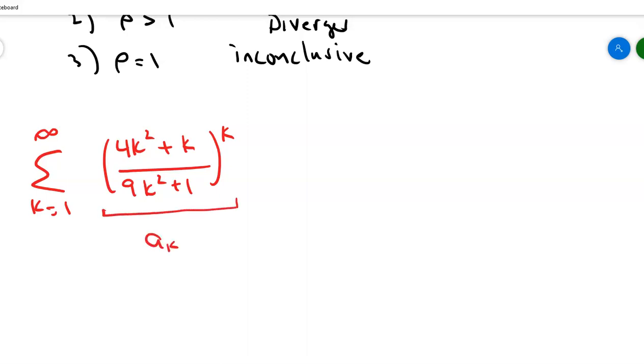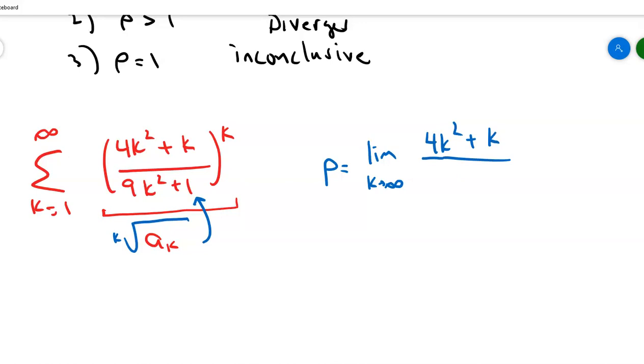For the root test, I want to take the kth root of a sub k. So when I take the kth root of a sub k, you realize that I just get what's on the inside there. So I'm going to let rho be the limit as k approaches infinity of (4k squared plus k) over (9k squared plus 1).